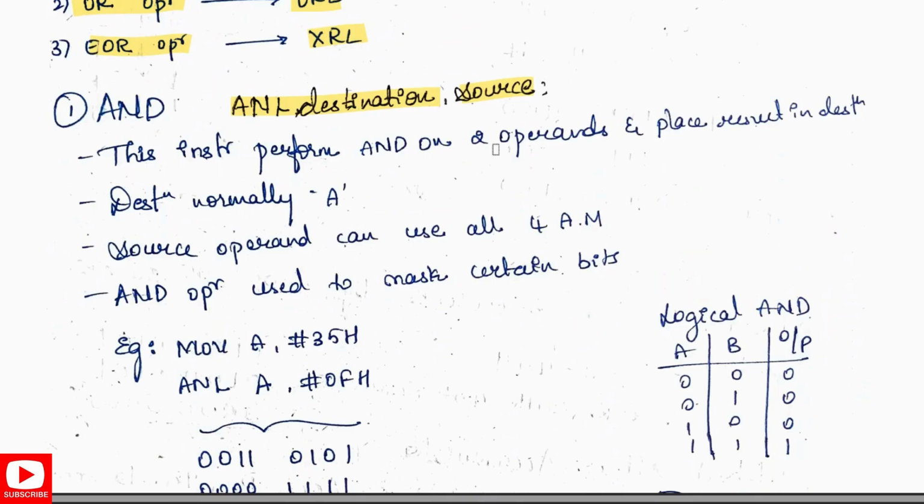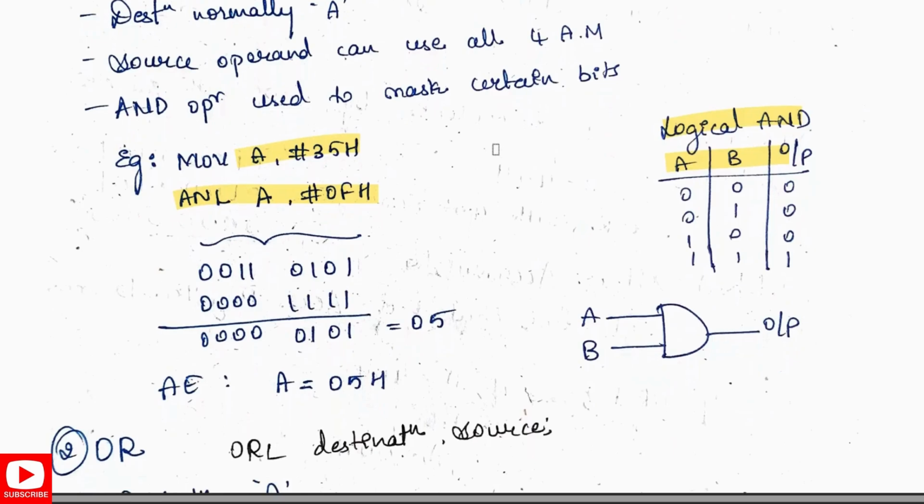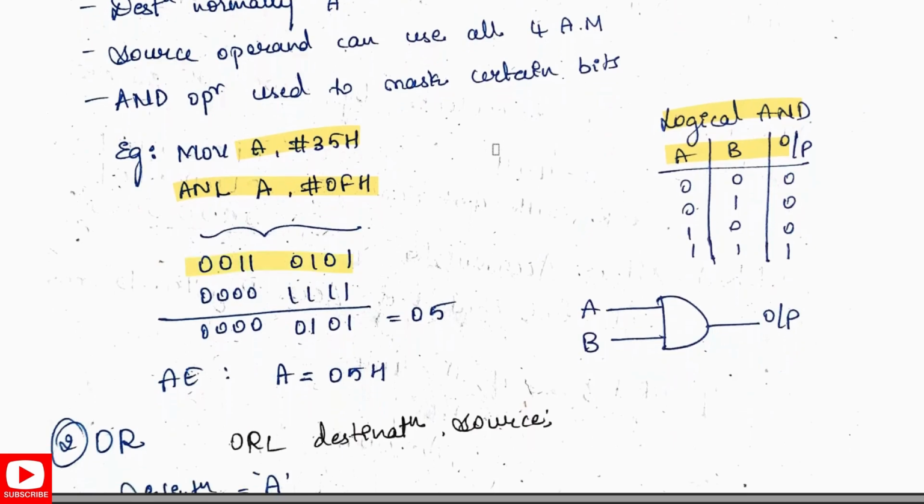The AND operation is used to mask certain bits. For example, we know the logical AND table; I have written it here. So MOV A, #35H and ANL A, #0FH. 35H is written in 8 bits, and then 0FH is written in 8 bits.